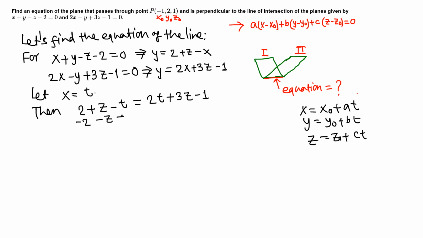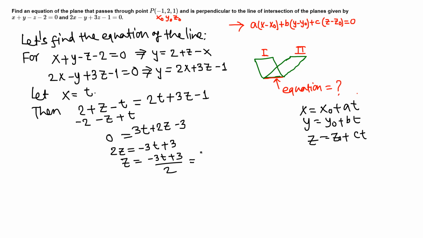We want to isolate z, so 0 equals 3t, minus z means plus 2z, and minus 2 means minus 3. So 2z equals negative 3t plus 3, so z equals negative 3t plus 3 over 2, which is the same as 3/2 minus 3/2 t.